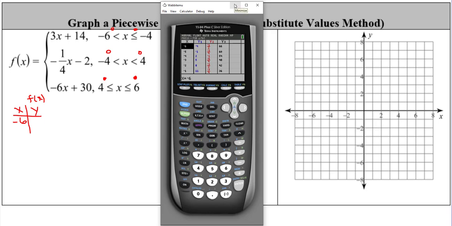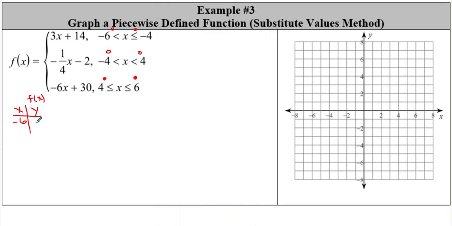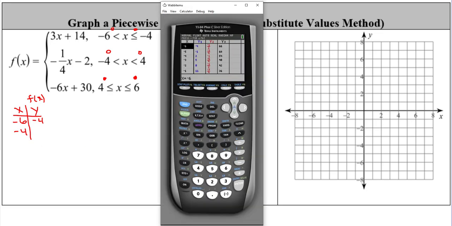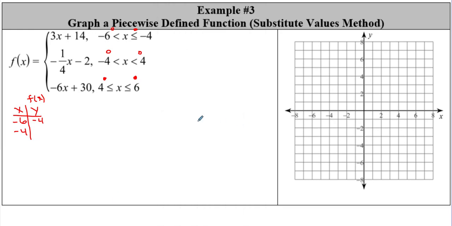So let's go ahead and write those in. When x is -6, y is -4. And when x is -4, we have +2.